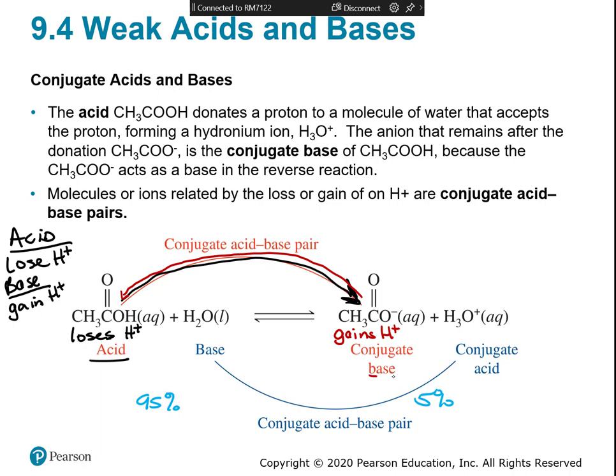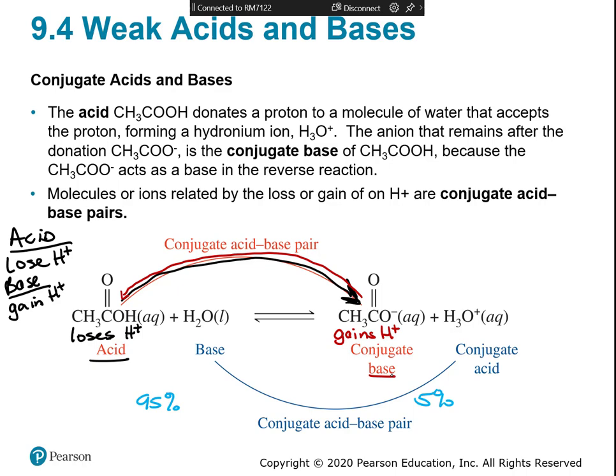If it gains, that makes it a base. So on this side, I have the acid, and its pair is the base. On the product side, they name them by their conjugate so that you can determine which is the acid and which is the base. That's always on the reactant side. But in the reverse reaction, you can identify the conjugate acid and base, which really just determines what happens in the reverse reaction.